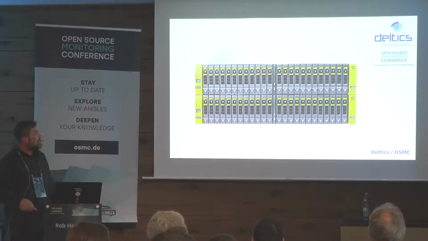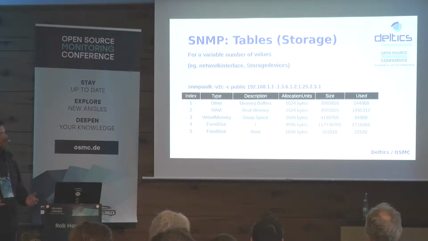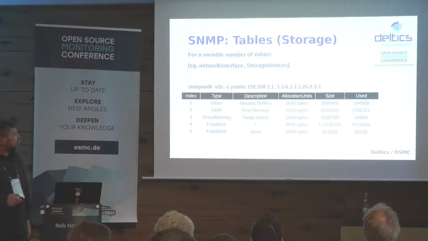We also have devices with multiple things, like for this example, this is a NAS, or at least a storage device, which has a lot of hard disks. And if we want to check with SNMP how that's set up, they don't have a single OID for every hard drive, but they put up a table, and this table is filled with information about all storage systems in this device.